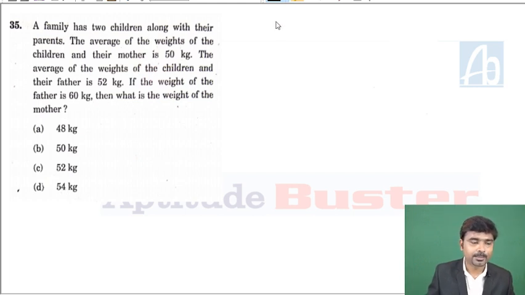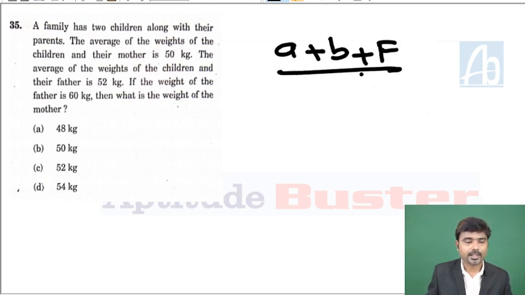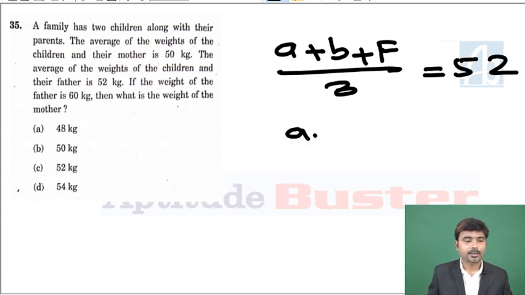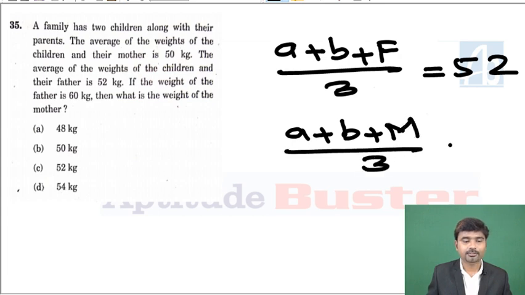That's a very simple approach, I'll tell you. A plus B plus father divided by 3, what's the average? Average is 52, right? A plus B plus mother divided by 3 equals 50. Average is decreased by 2.